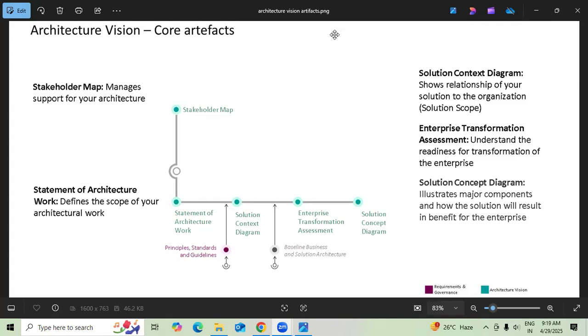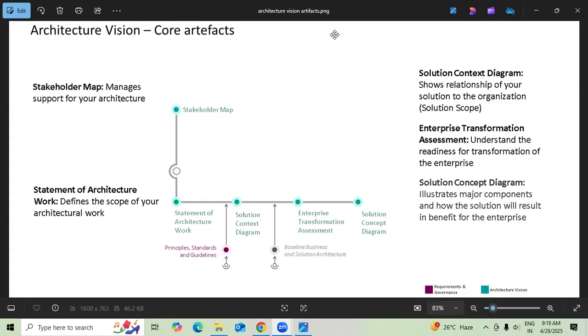At the same time, it means understanding the readiness of an enterprise for transformation, and identifying the solution concept diagrams, to identify the major components and how the solutions will benefit the enterprises, all that stuff.